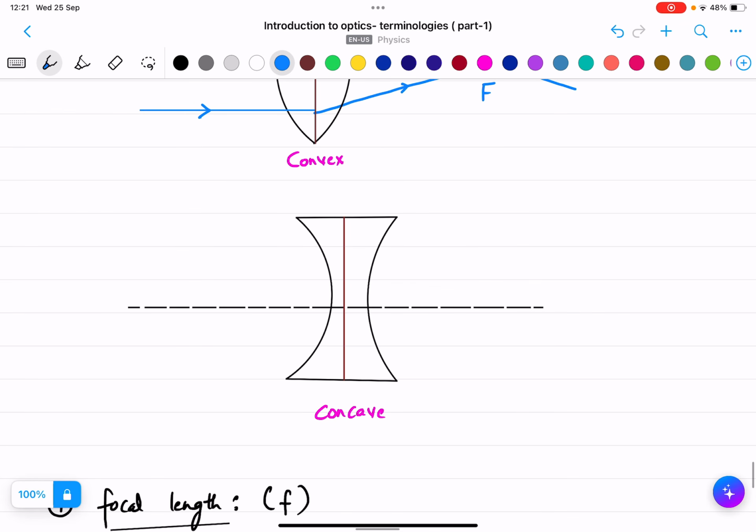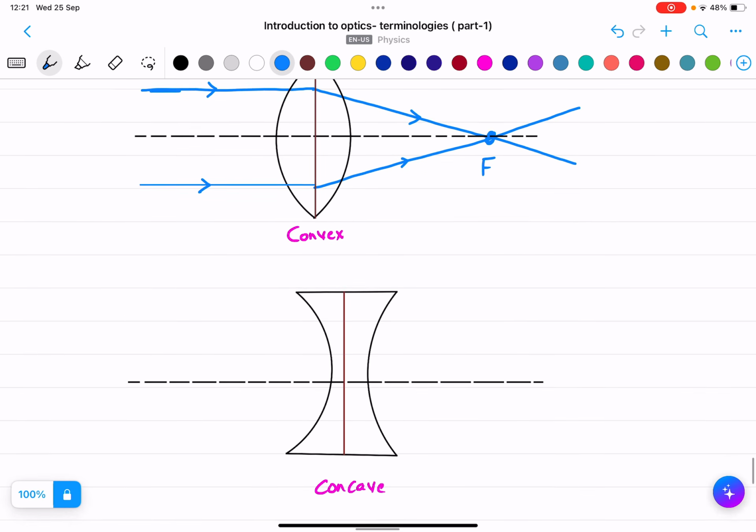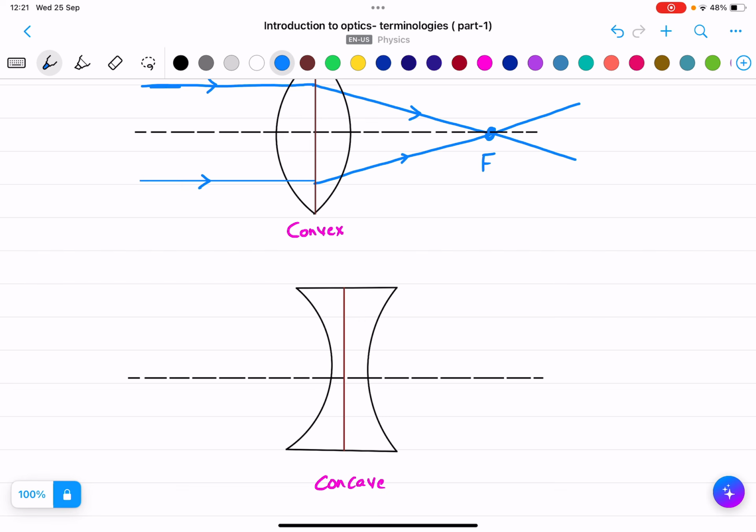Now if we talk about the concave lens, this is a ray which is incident here, and now it will diverge. You all remember, when we are speaking about concave lens, it will diverge.